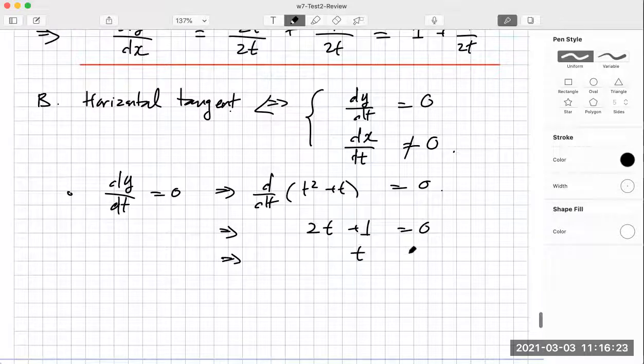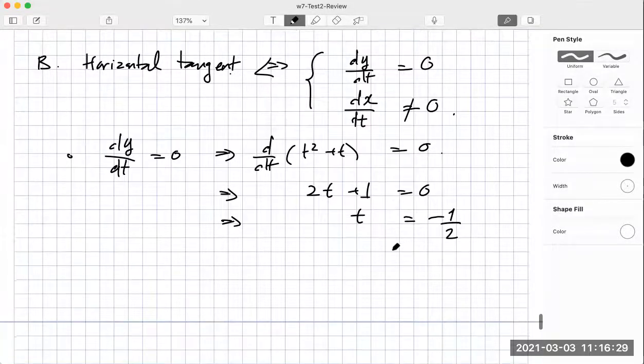Therefore, t should be -1 over 2. Now, at t equal to -1 over 2, dy over dt is 0. We need to double check dx over dt at this point, t equal to -1/2, that it is not 0.